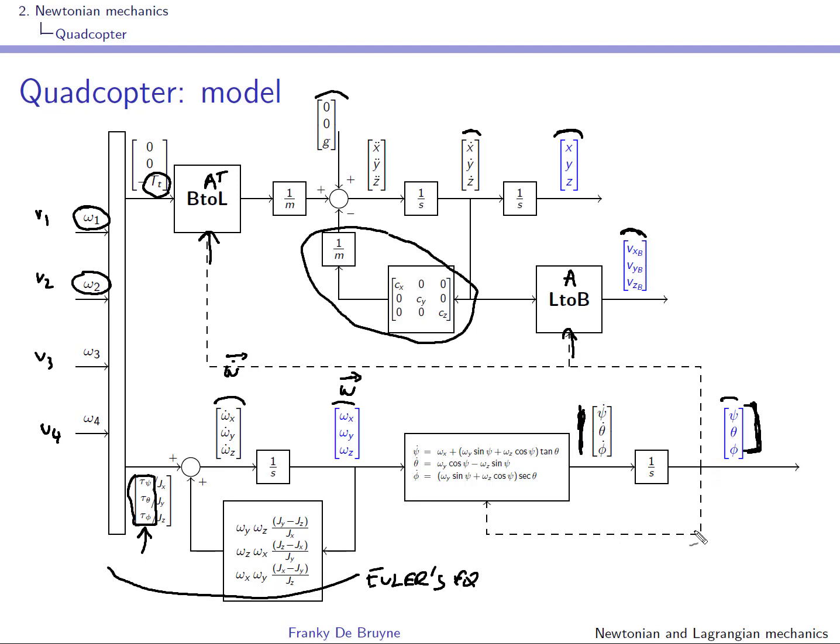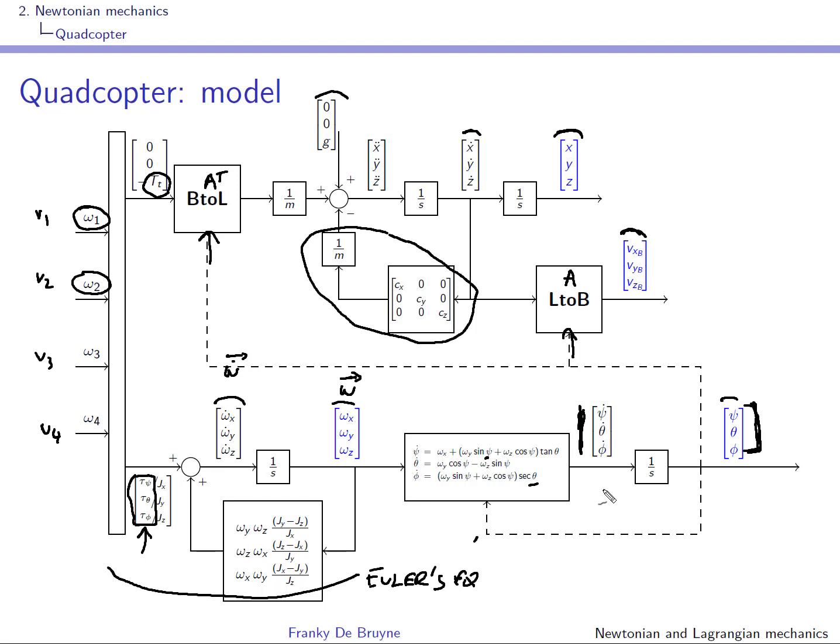And these go in here also, because to go from this one to this one, you need C, you need theta. Well, that's it. This is the model of the quadcopter, and with this you can go to Simulink and start simulating the process.